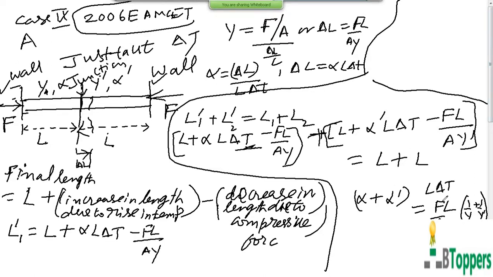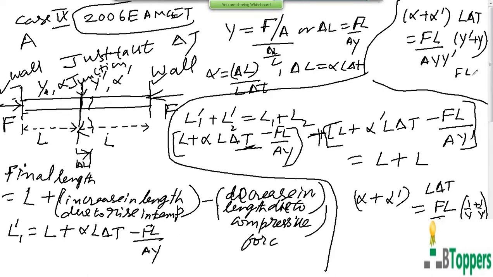So you can cancel L on both sides, since we have to find FL by AY, the change in the length of the first rod. So you can simplify it further. So alpha plus alpha dash into L delta T equals FL by A into (Y dash plus Y) by (Y Y dash).